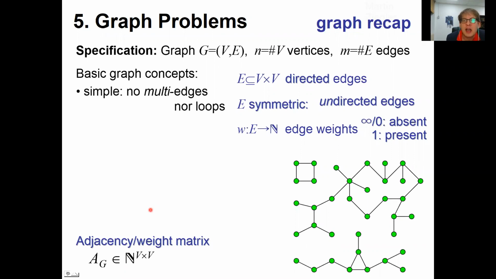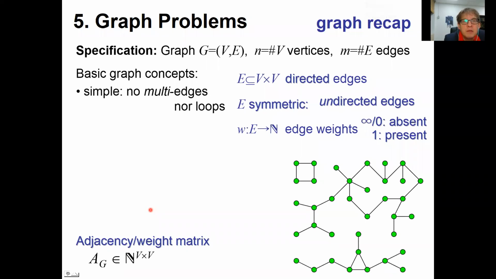And some types of graphs differ in whether the graph is simple or not. So we usually focus on simple graphs, but sometimes we can also treat non-simple graphs. A non-simple graph is a graph where there may be multi-edges, where there may be several edges between two vertices, several ways of going from one vertex to the other and back.